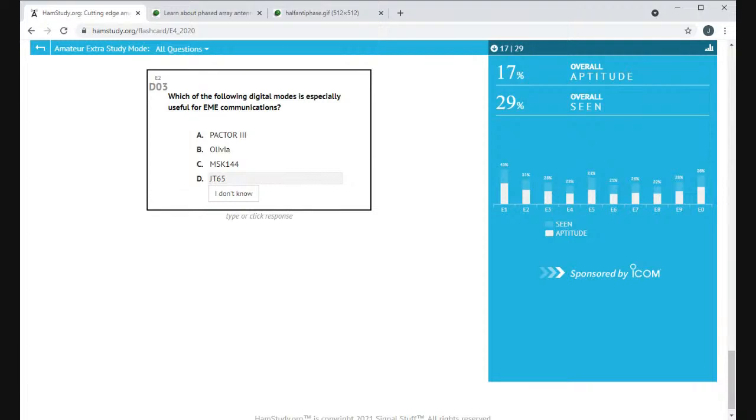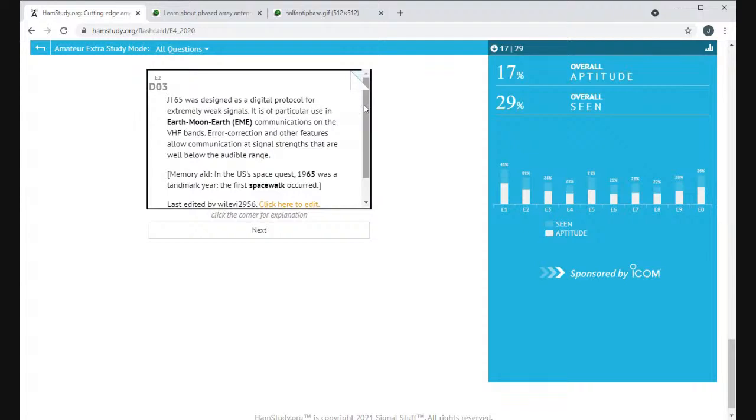I'm going to guess JT65. Yep. JT65 was designed as a digital protocol for extremely weak signals. As such, it is of particular use in EME, Earth-Moon-Earth communications on the VHF bands.